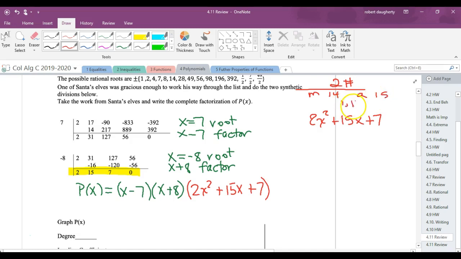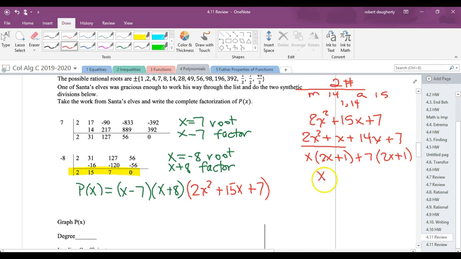It looks like a 1 and a 14 would do that. So this is 2x squared plus x plus 14x plus 7. Factor by grouping. x, 2x plus 1, plus 7, 2x plus 1. Final answer, x plus 7, 2x plus 1.